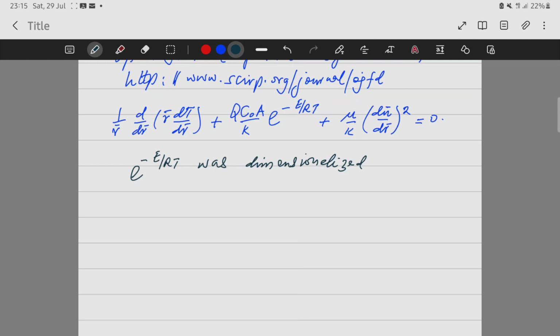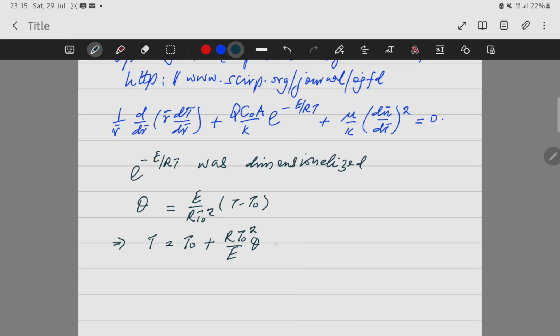The first one is that theta is taken as E over R T naught squared into T minus T naught. And from here, we have our T to be T naught plus R T naught squared by E into theta.